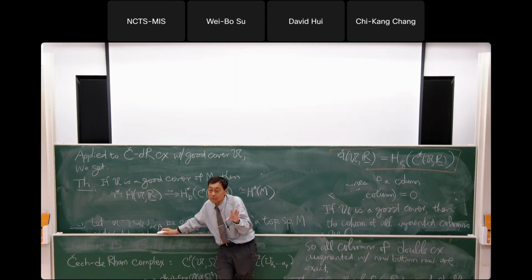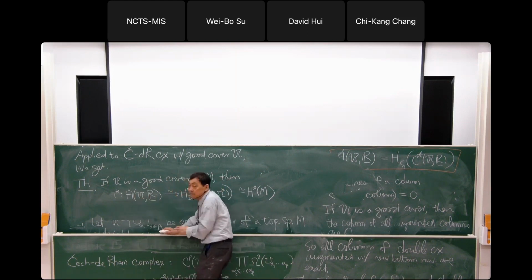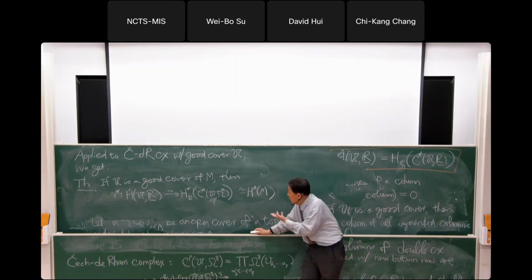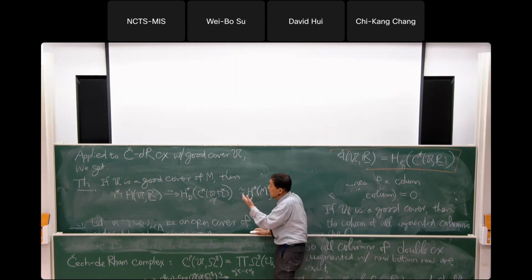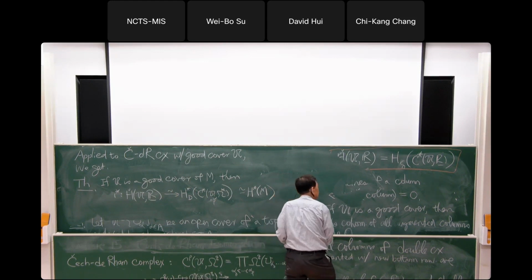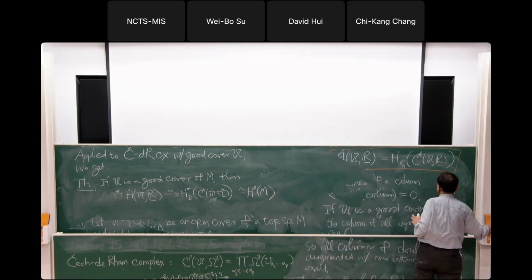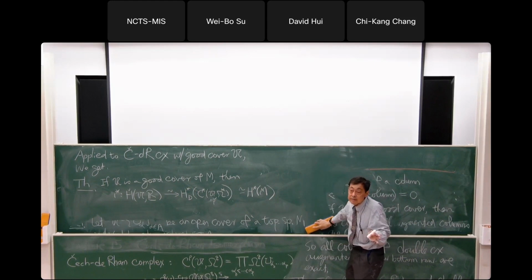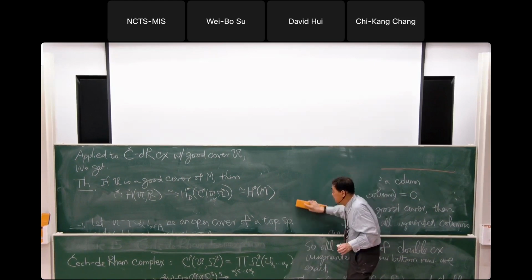That wasn't obvious from the definition, but since the Cech cohomology of a good cover is isomorphic to the de Rham cohomology, and this doesn't depend on any cover, a corollary is that the Cech cohomology of all the good covers are isomorphic. Okay? All right, so let's do an example just to show you that it's easy to calculate Cech cohomology.